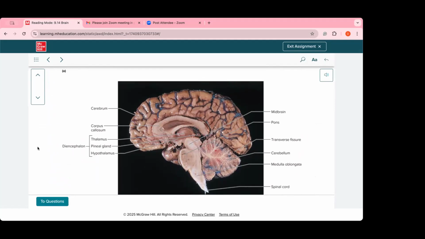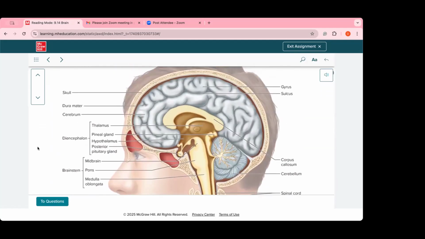Okay. But I need, is there another picture of the white matter and the gray matter?